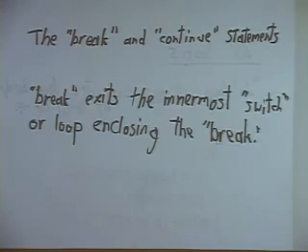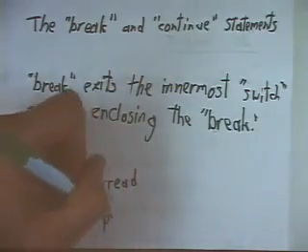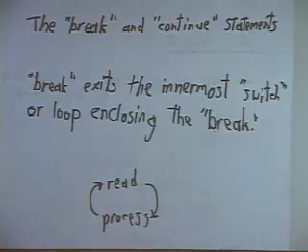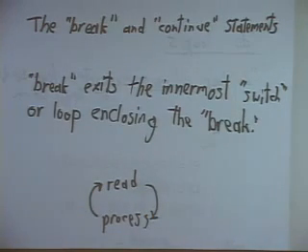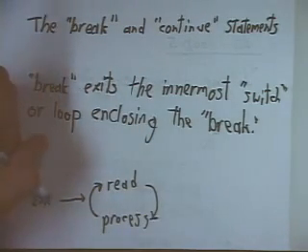Now, to see how we can use that, remember our little loop that does a read and a process and keeps doing that over and over again. Well, the natural entry point for that loop is we want to read first because we can't process anything until we have something to read.